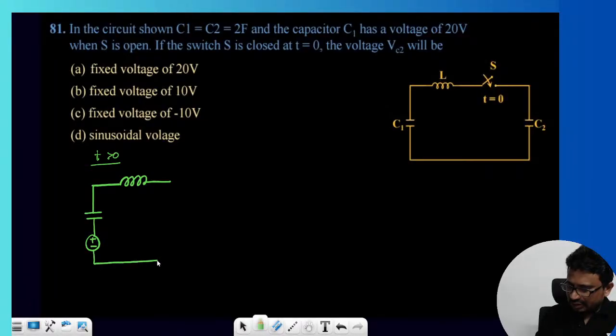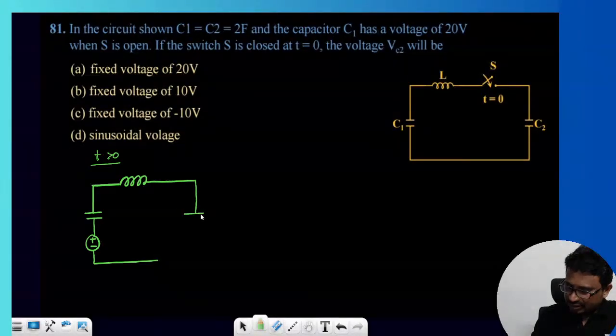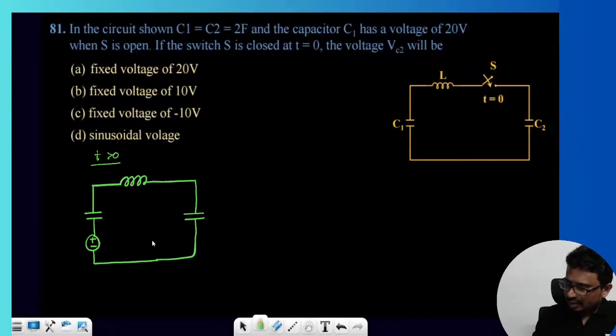C2 does not have any charge, and the switch is closed for t greater than 0. This is SL, and C1 is 1 by 2s, C2 is also 1 by 2s, and the source value is 20 by s.